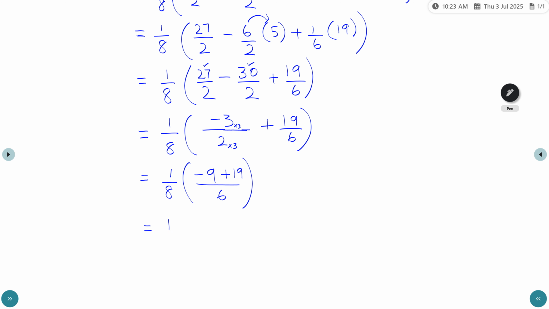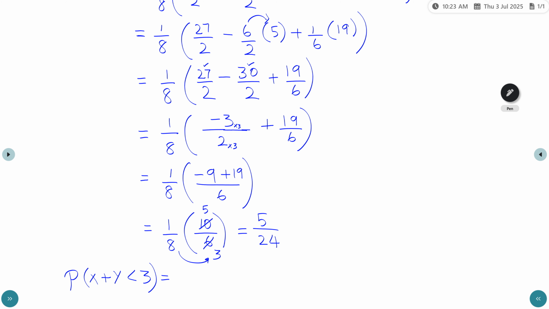That is 1 by 8 into denominator 6, numerator minus 9 plus 19 is 10. So 3 2s are 6, 5 2s are 10. It is 5 by 8 3s are 24. So the probability of x plus y less than 3 will be 5 by 24. The problem is completed.